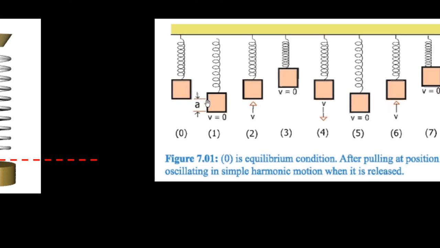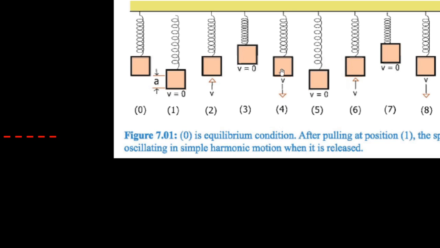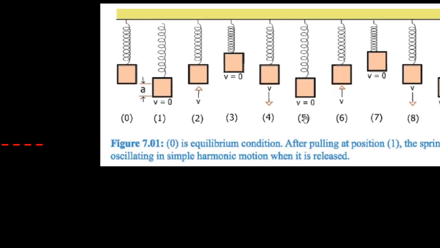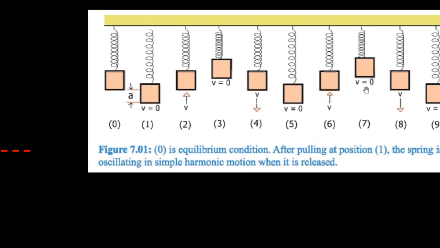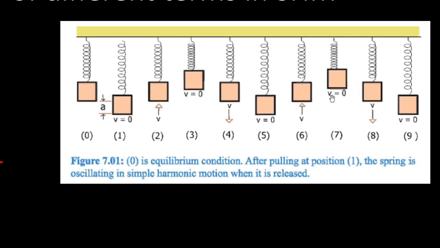It comes downward at position number 1, then moves upward to the upward extreme at figure number 3, then goes downward to the downward extreme at figure number 5, then moves upward to the upward extreme at figure number 7, then moves downward to the downward extreme at figure number 9.